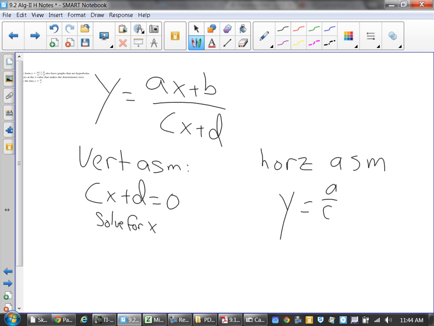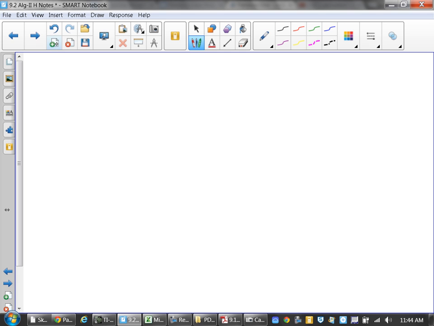Now, a real easy example of this form. Let's say we have y equals (2x minus 1) over (3x plus 4). I want to identify my asymptotes, give a rough sketch, and a couple of points.